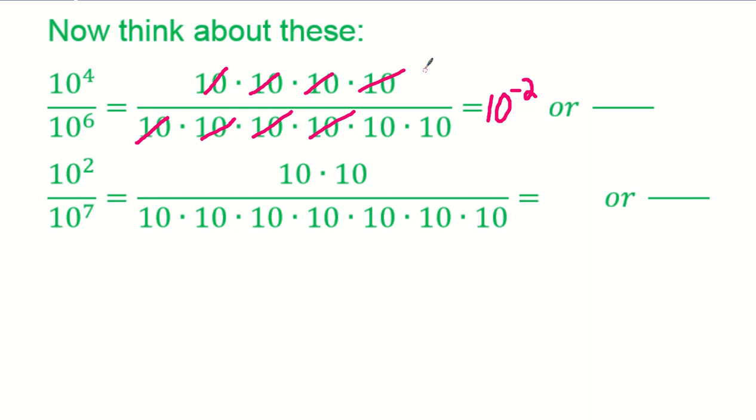So up top you're left with just 1, and on the bottom you have a 10 times 10 that didn't cancel. That's 10 to the 2nd power, a 10 squared down here that survived the canceling. The punchline is that 10 to the negative 2 is exactly the same as 1 over 10 squared.